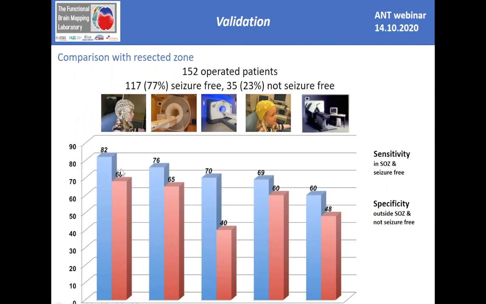So more or less, the message here is that for localizing epileptic spikes, it is the best technology. Meaning, sensitivity means the localization was in this zone and the patient was seizure-free afterwards, and specificity here means the location was outside the resected zone, and they were not seizure-free afterwards, right? So maybe the surgery was not 100% helpful for those specific patients, that happens.